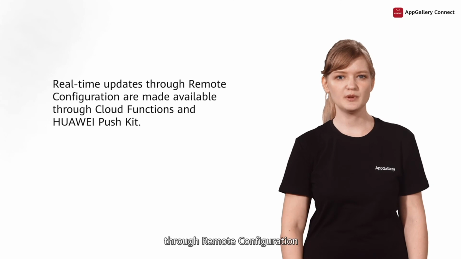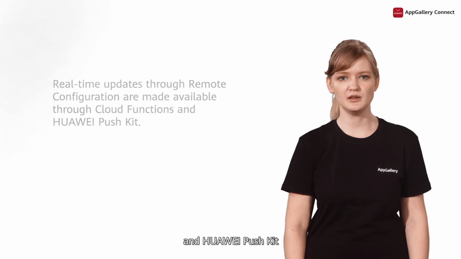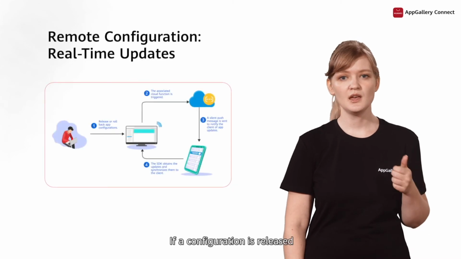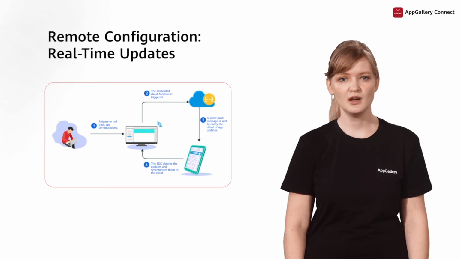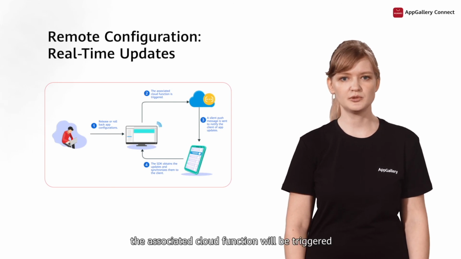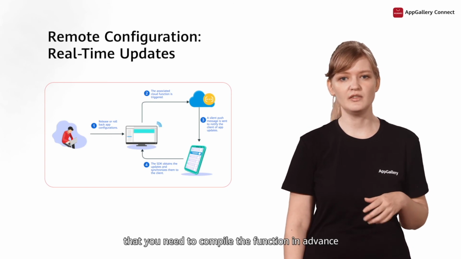Real-time updates through remote configuration are made available through cloud functions in HUAWEI PushKit. Here's how it works. If a configuration is released or rolled back through remote configuration, the associated cloud function will be triggered. Keep in mind that you need to compile the function in advance.